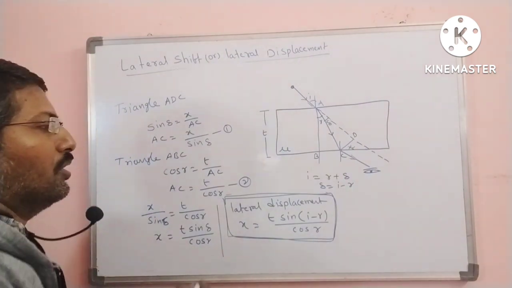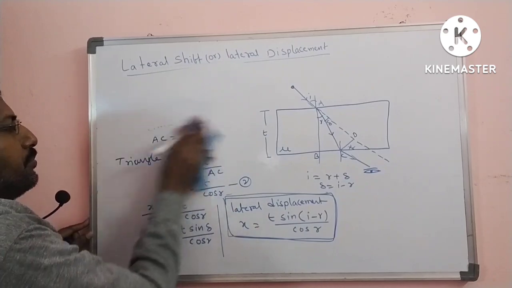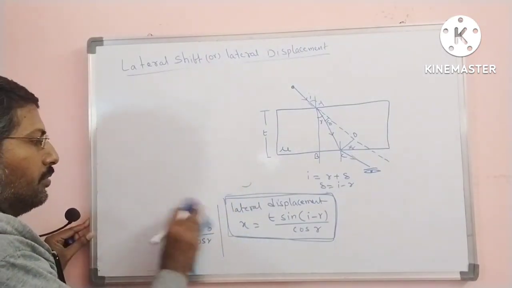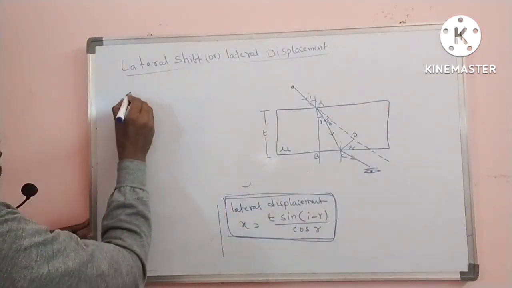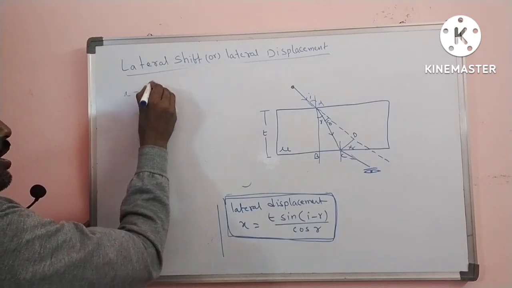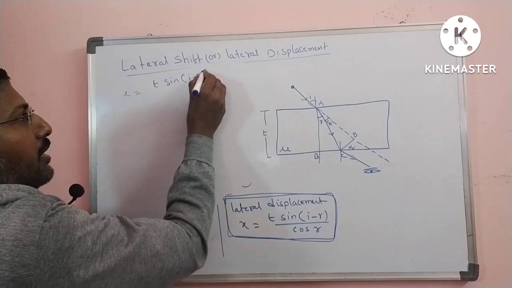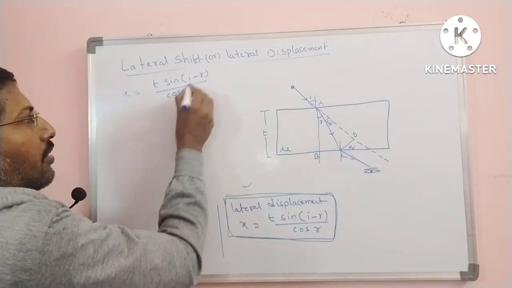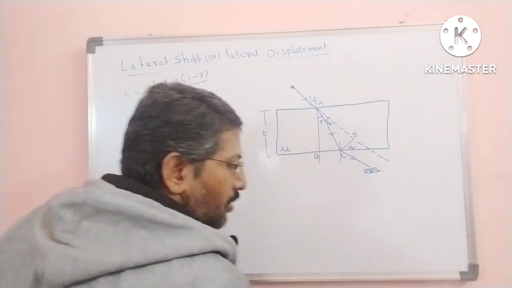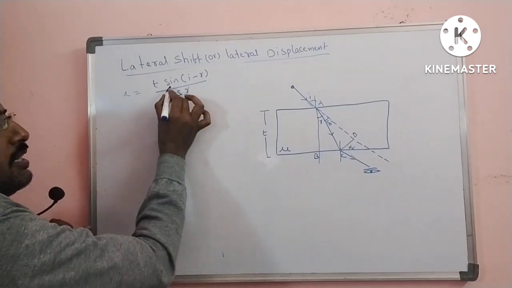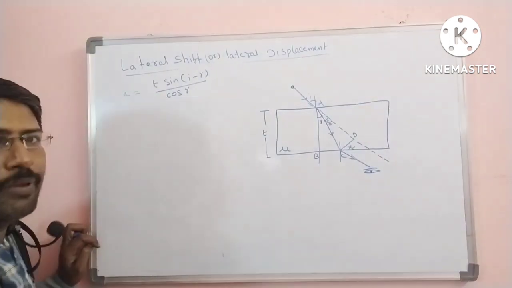Now we come to small angle of incidence. We know the formula x is equal to T sin(I minus R) by cos R. This sin(I minus R) appears like the sin(A minus B) form.